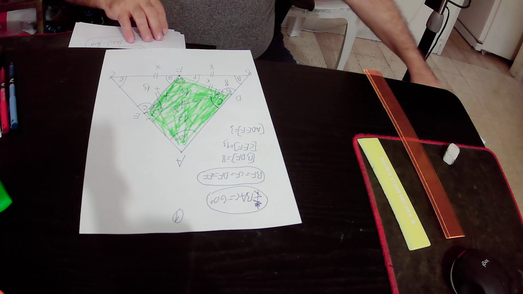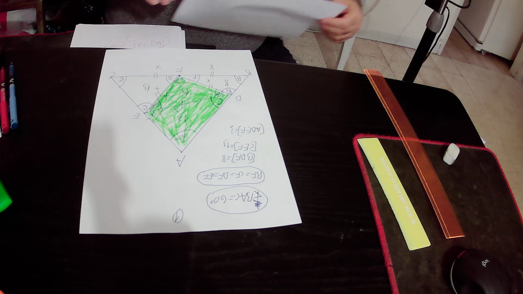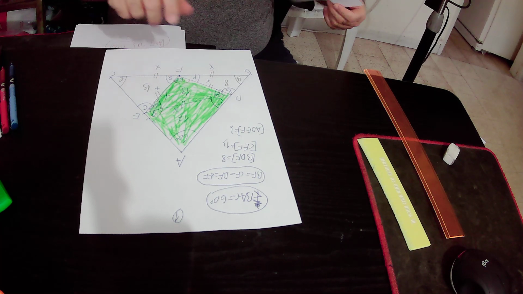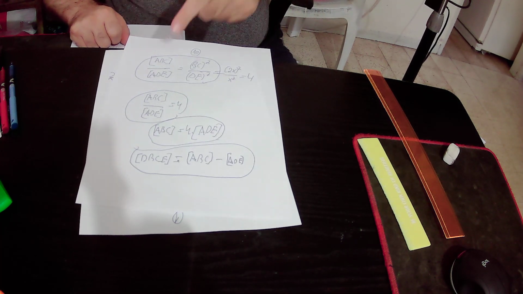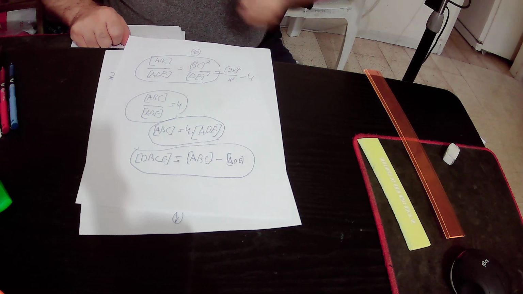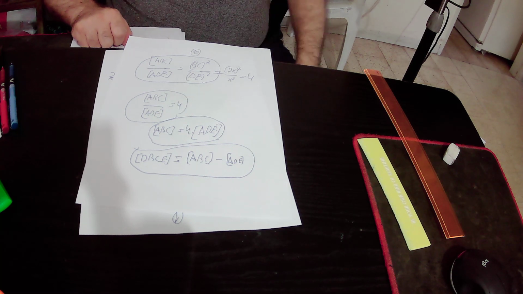That is to say, in our drawing, we have triangle ADE that is similar to triangle ABC. Therefore, the ratio between the area of triangle ABC to the area of triangle ADE equals the square ratio of their corresponding sides, and their corresponding sides are BC and DE. That is to say, it equals BC square over DE square.